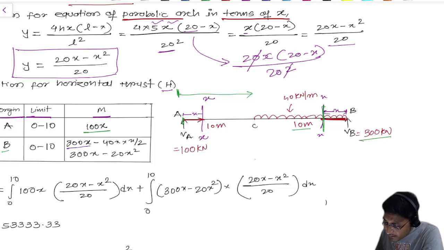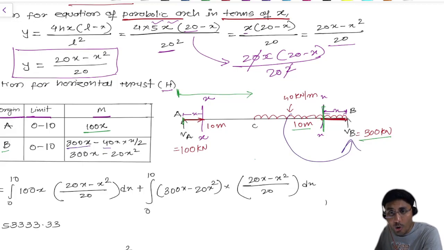Now there is also a UDL. It goes 40x into x by 2. This is also going clockwise, sorry, my bad.